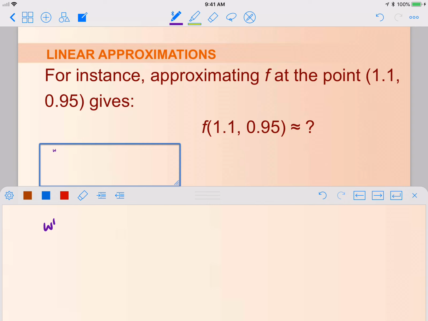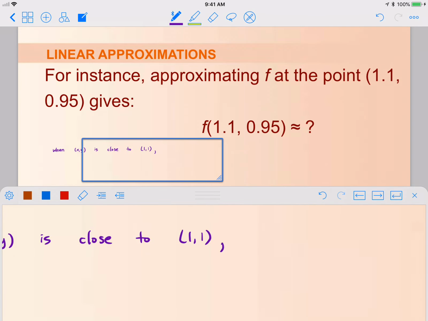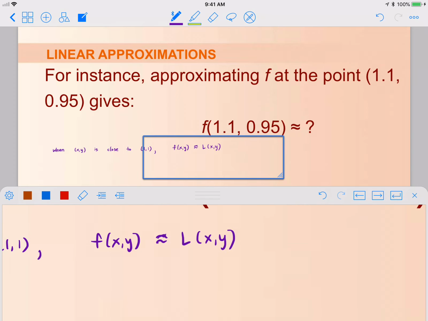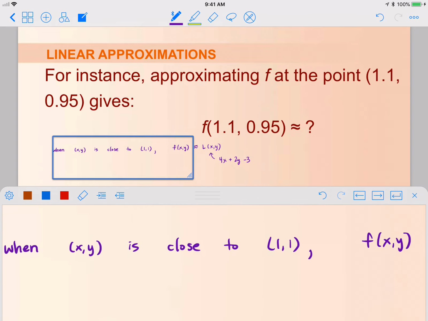We know that when (x, y) is close to (1, 1), f(x, y) is approximately L(x, y), and L(x, y) in this case is equal to 4x plus 2y minus 3.